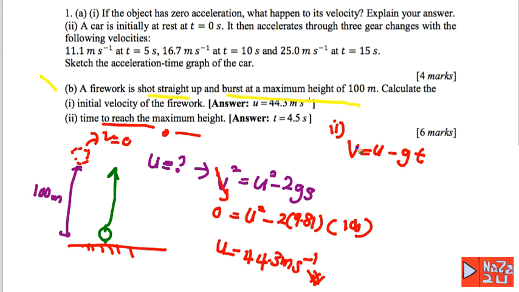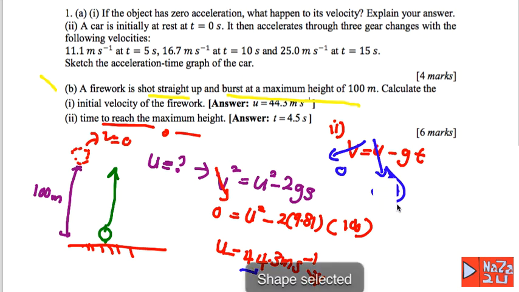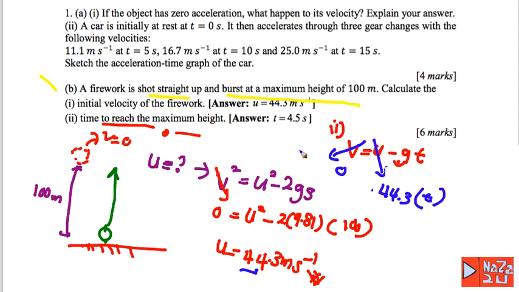The final velocity is 0 at the maximum height, and for the initial velocity you can use the answer from number 1, u equals 44.3. Using the calculator, t is 4.5 seconds. So this is the time taken to reach the maximum height.